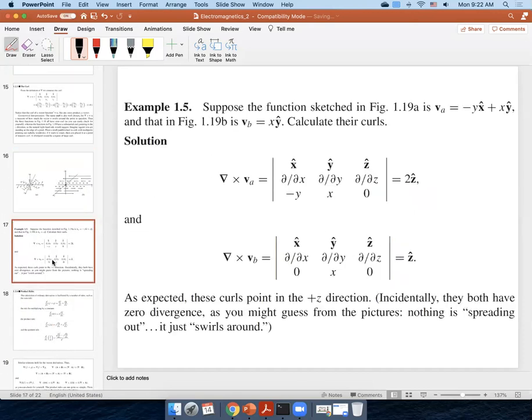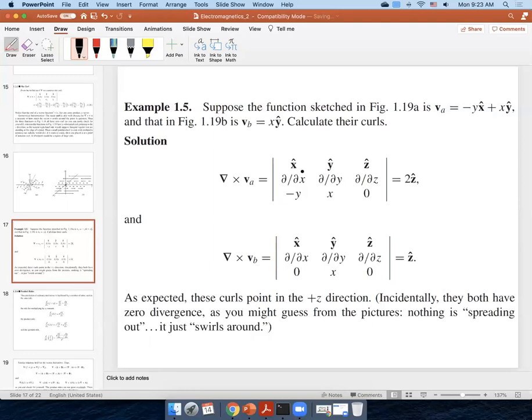Okay, so an example. If we have the function which is shown here, let's calculate the curl. VA is here, so the curl is del cross VA. So we write first the x, y, z unit vectors here, and then we write the del components, and then we write the function VA components, and we calculate the determinant.